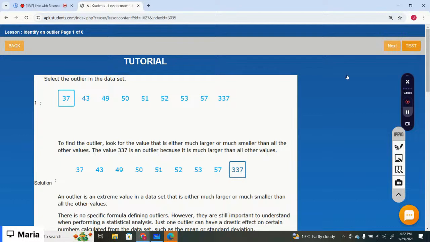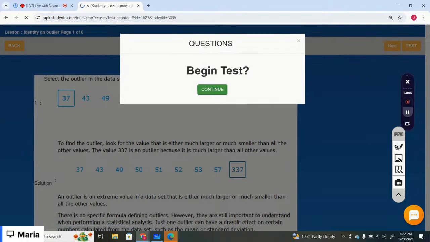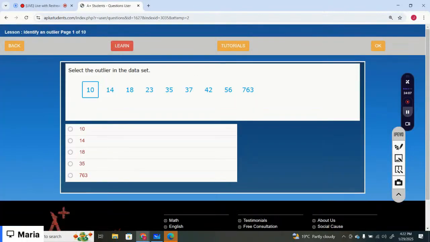Let's just start with the test questions. Select the outlier in the data set. So which is the correct option?